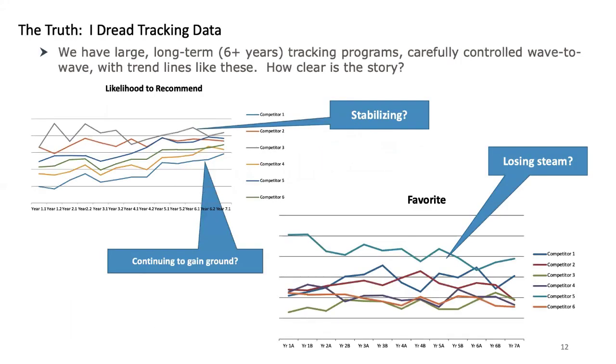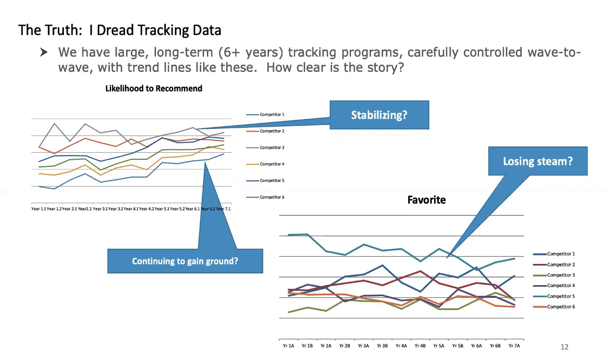So how do we use this in tracking data? In truth, I hate tracking data because quite often there's so much noise in the data, I really couldn't tell the good story. So in this case, there are two charts from an actual tracking study where we tracked the brands for 6+ years.